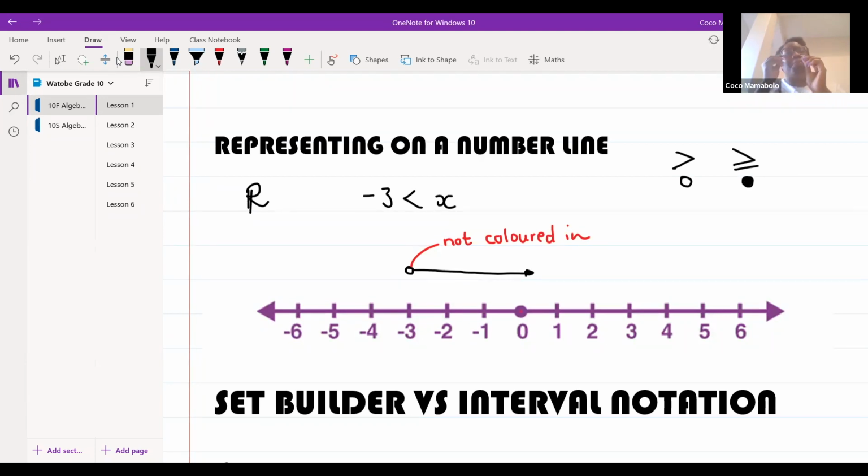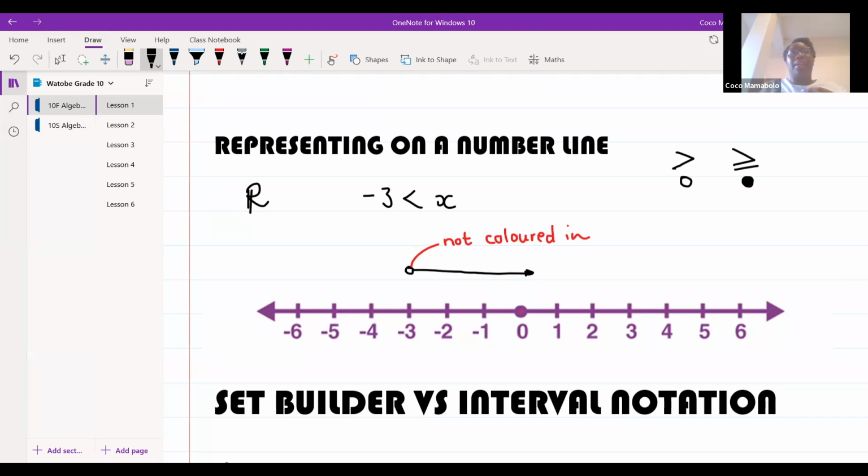Now we need to pay very close attention to this. If my dot is not colored in, then we do not include the equals to sign. But if my dot is colored in, we include the equals to sign.